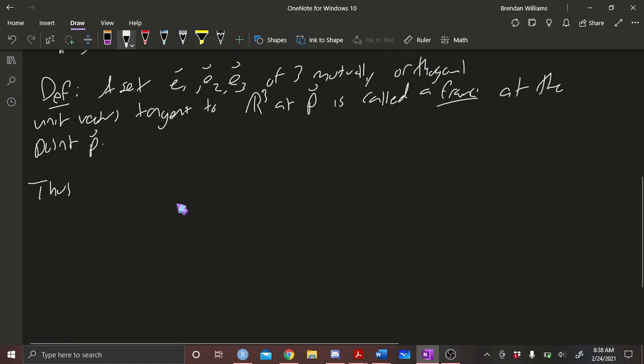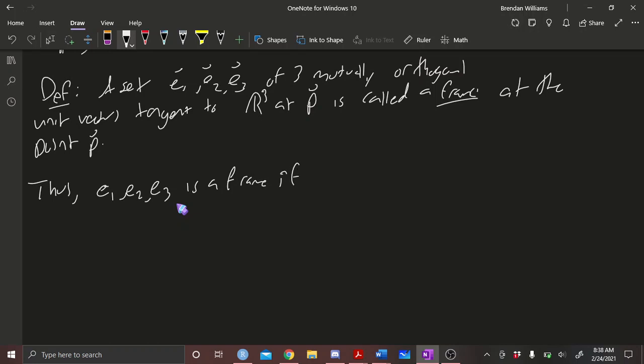Furthermore, E1, E2, E3 is a frame if and only if E1 dot E1 is equal to E2 dotted with E2, which is equal to E3 dotted with E3, which is equal to 1.